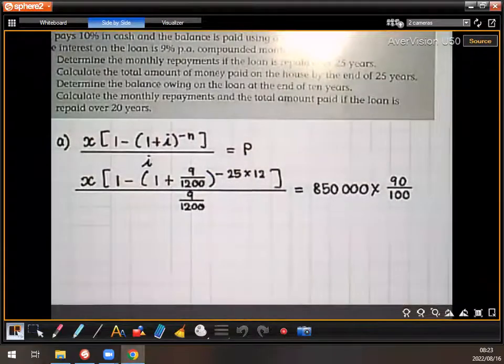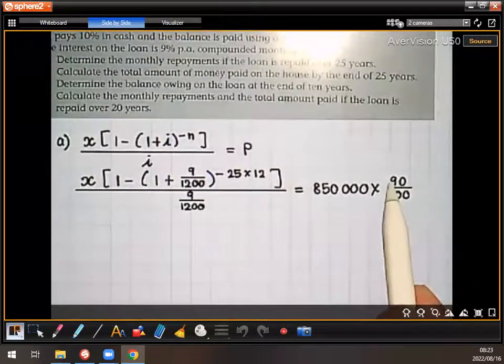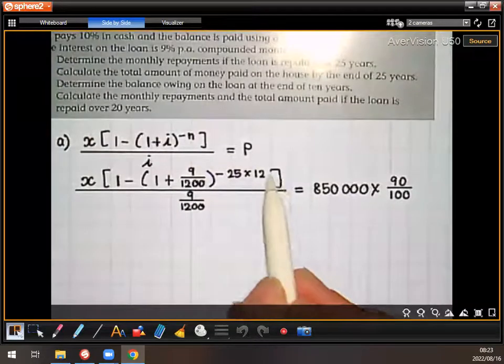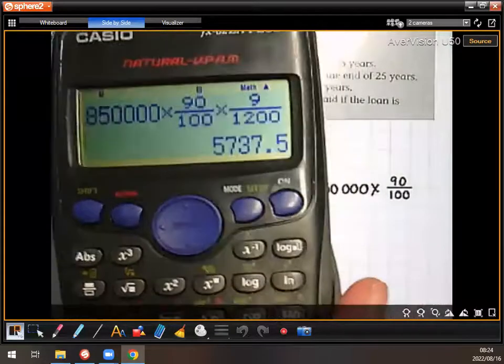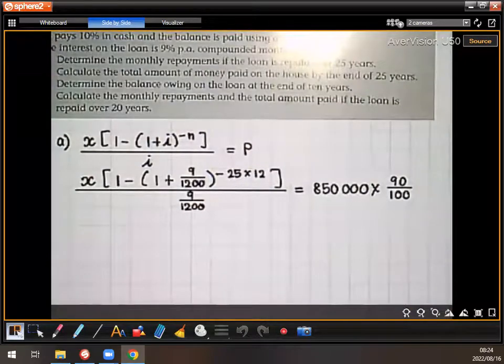Okay, now again, guys, we're going to do exactly the same steps. We're going to calculate what this is, and then times it by 9 over 1200. Okay, so I'm going to type that into my calculator. I'm getting 573.755, which you don't have to write down. Then you're going to divide it by this whole square bracket.